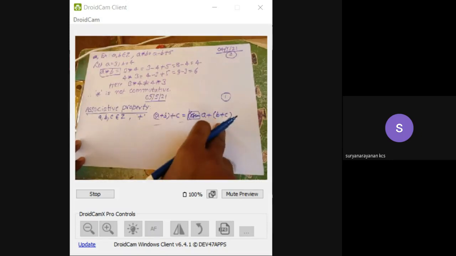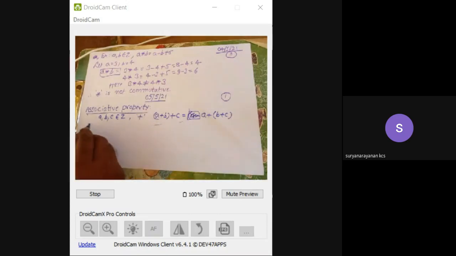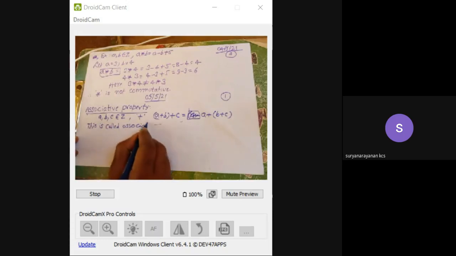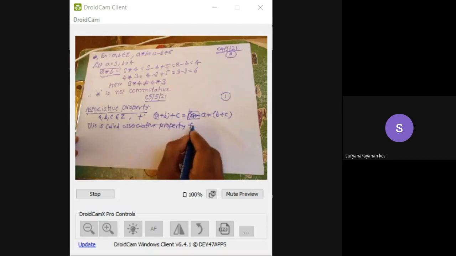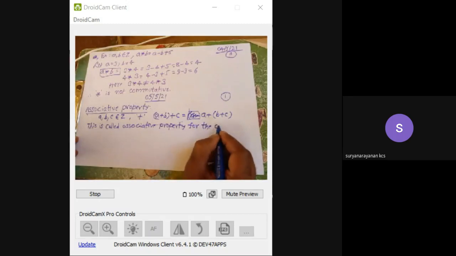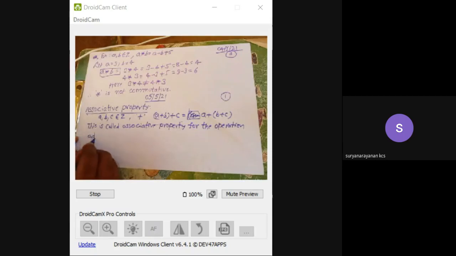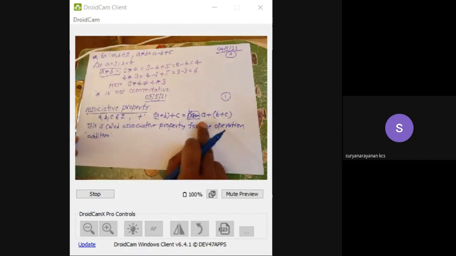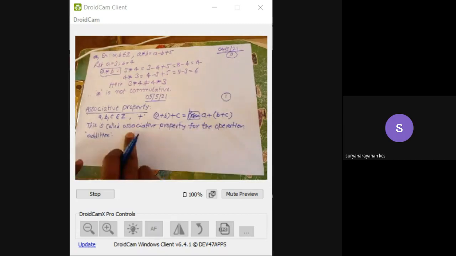This is called associative property for the operation addition.